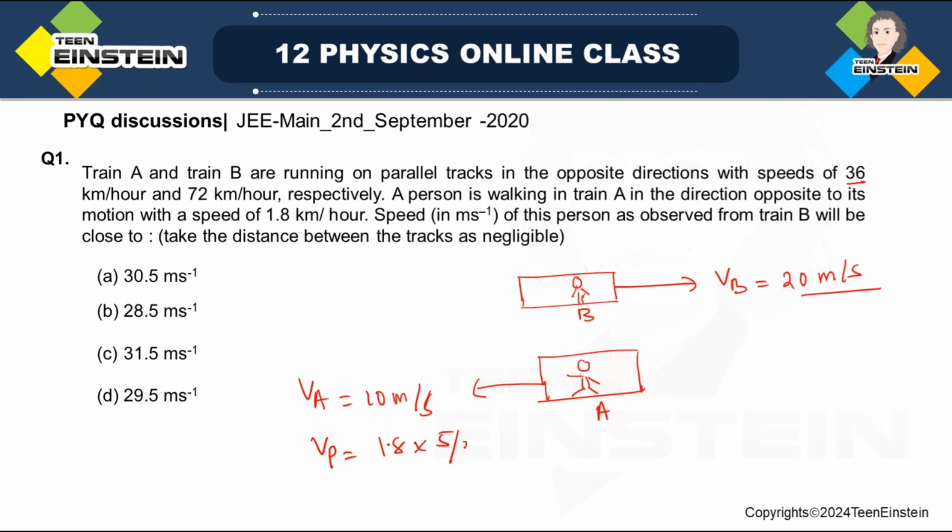So if I multiply this with 5 by 18, it will give me 0.5 meter per second. Okay, so this is all right.